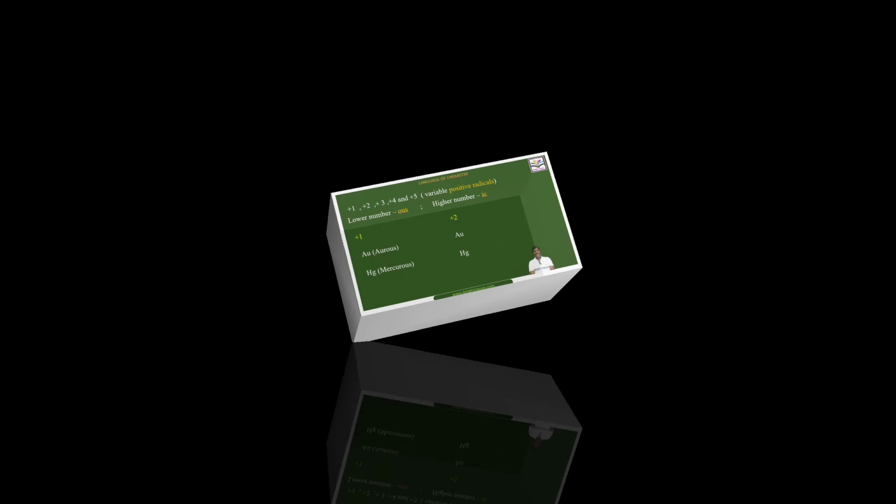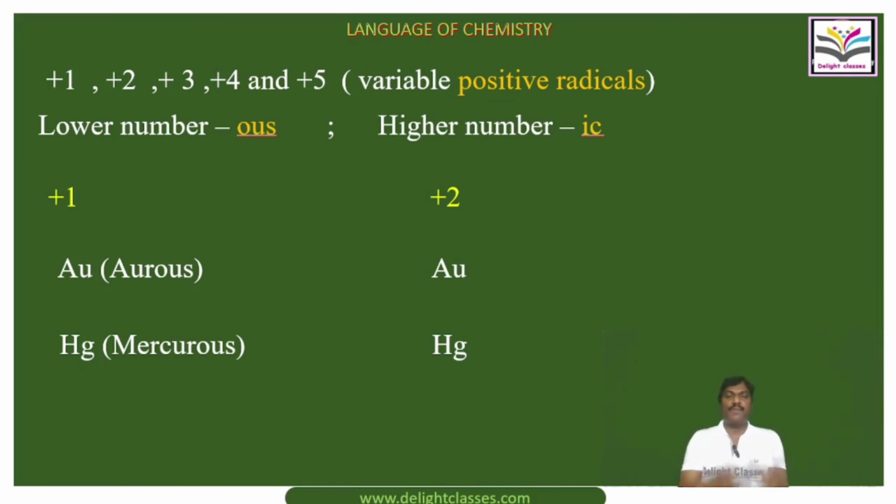What is variable valency? If the valency is more than 1, that is variable valency. Here the lower valency ends with ous and the higher valency with ic. For example, gold: the lower valency is plus 1, aurous; plus 3, auric.